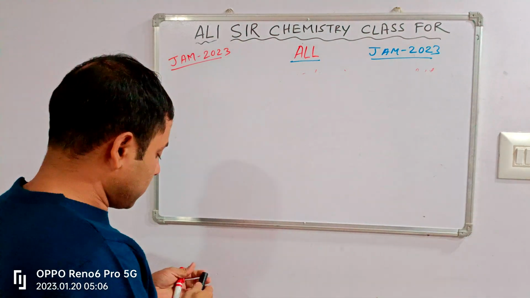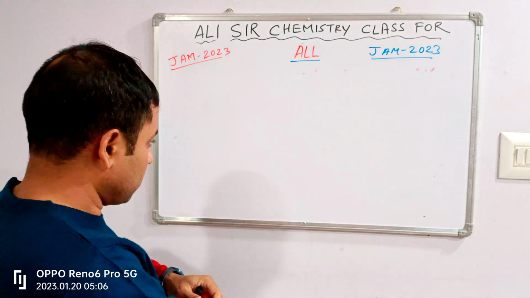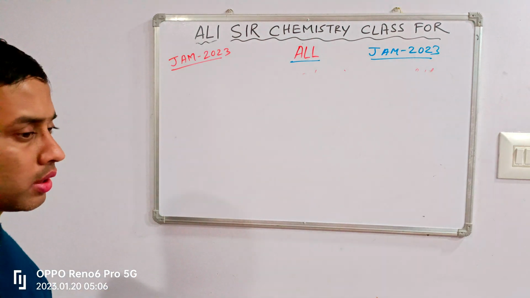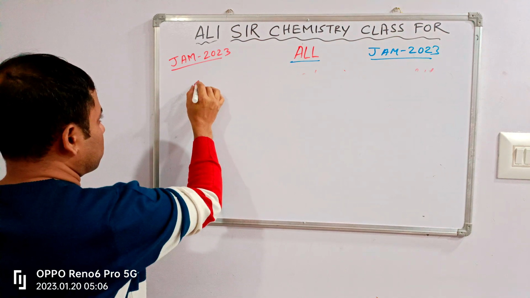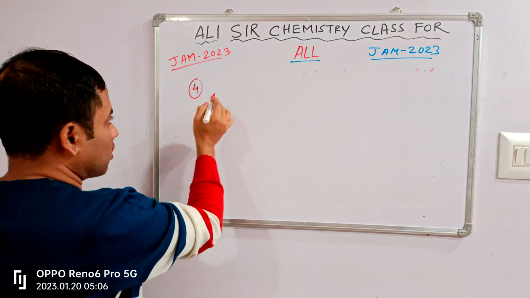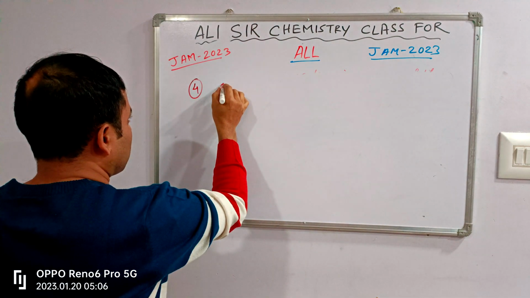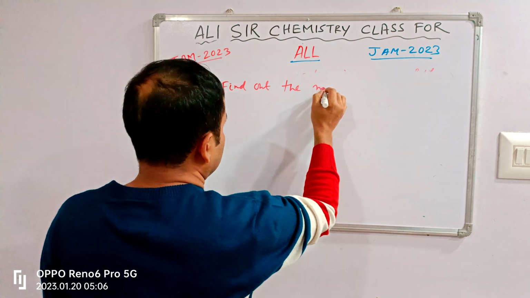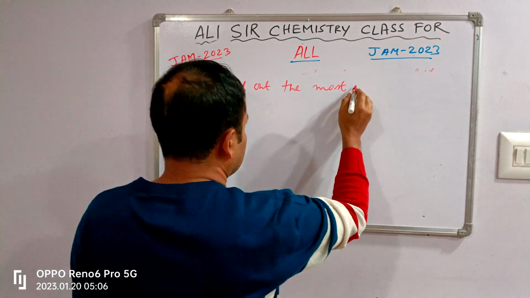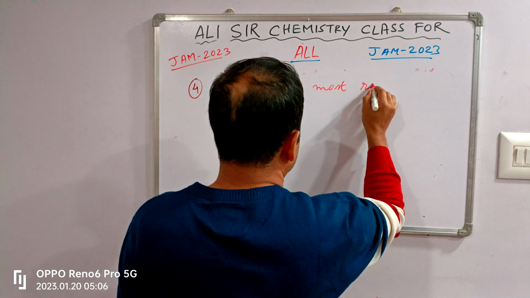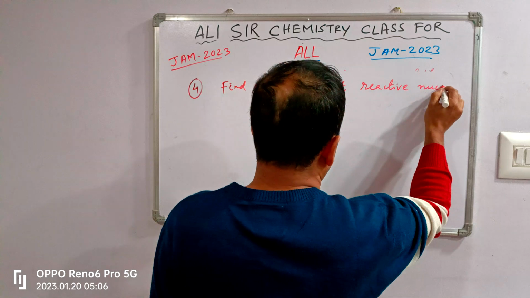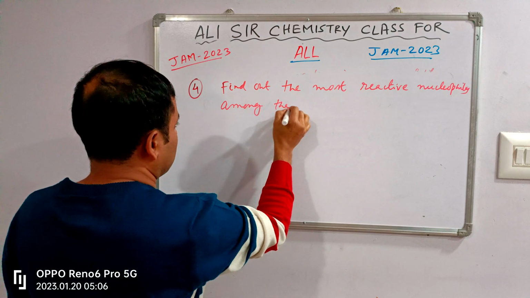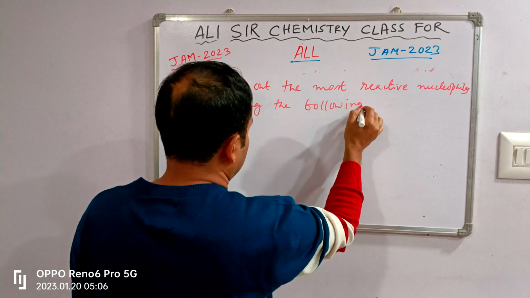Now let us move to another type of example, which is not a carbocation but is also included in basic organic chemistry. Let us try to explain these questions. Question number 4: find out the most reactive nucleophile among the following.